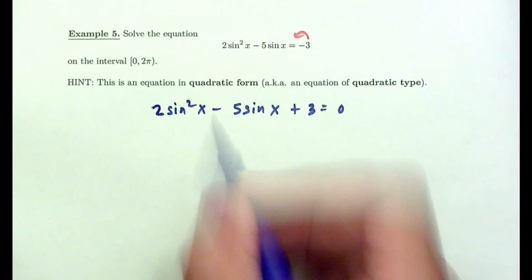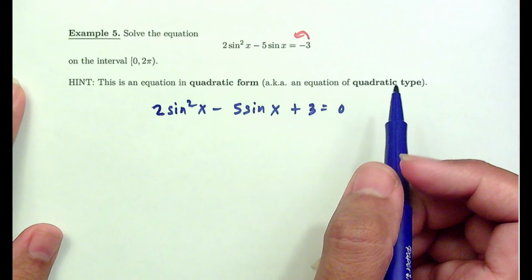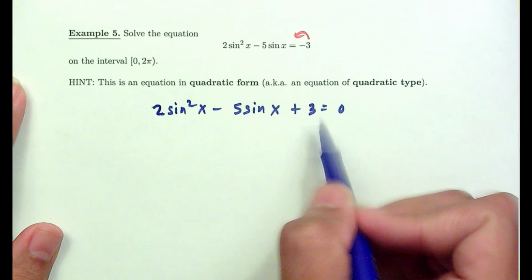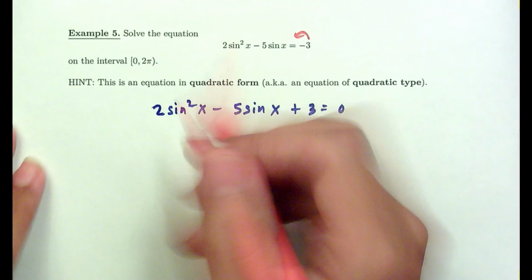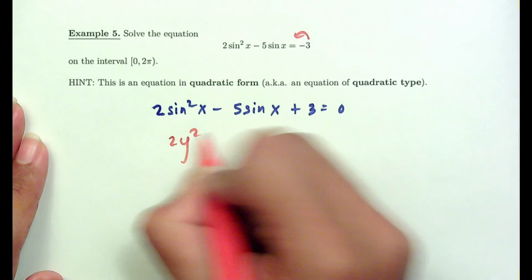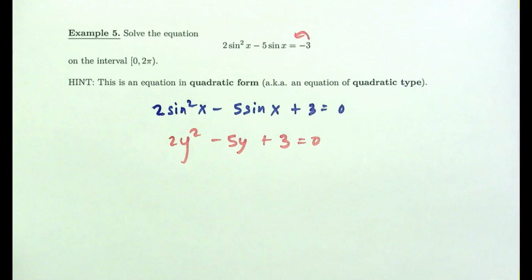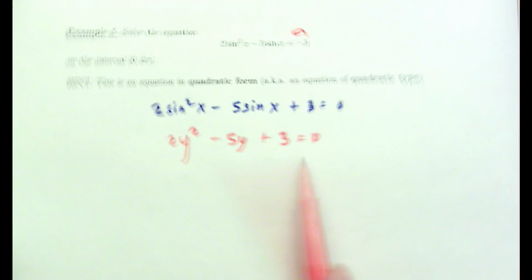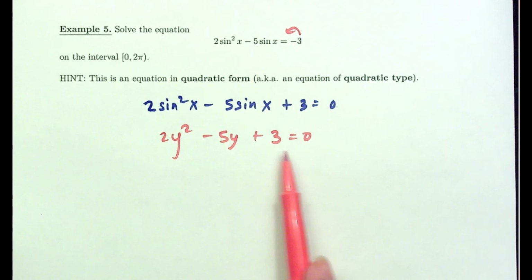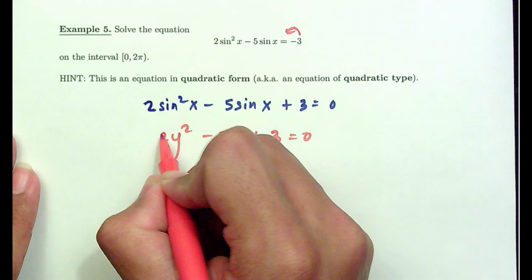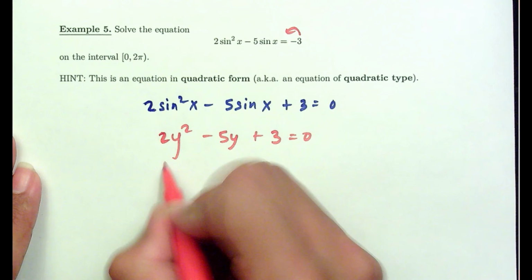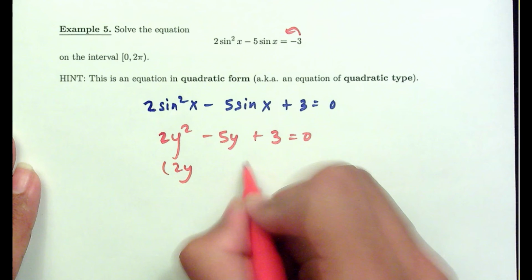Alright, now again, this is like having 2y squared minus 5y plus 3 equals 0. Okay, so to solve this you will try to factor it or use the quadratic formula. Either one. Okay. I think we can try factoring this one.